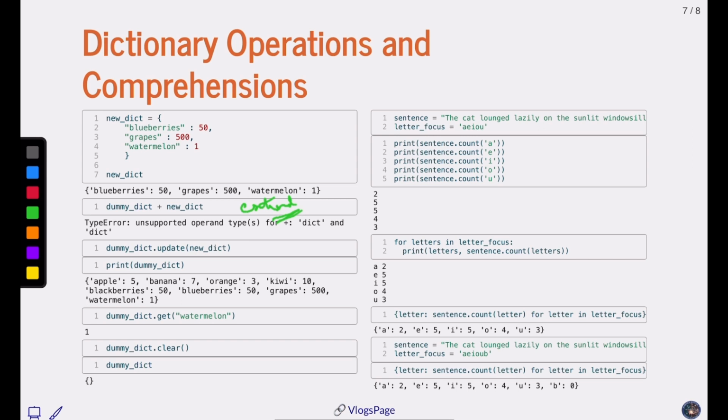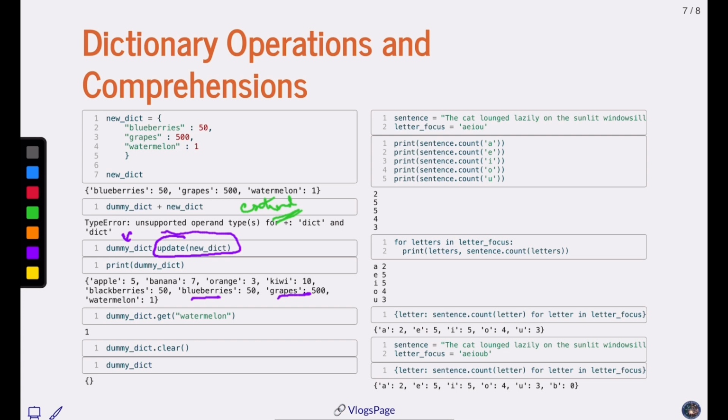However, for a dictionary, we have to use update. So what we are trying to say is that the original dictionary, you have to update or add or append these elements of this new dictionary. So automatically the new elements, that is blueberries, grapes, and watermelons, get added.